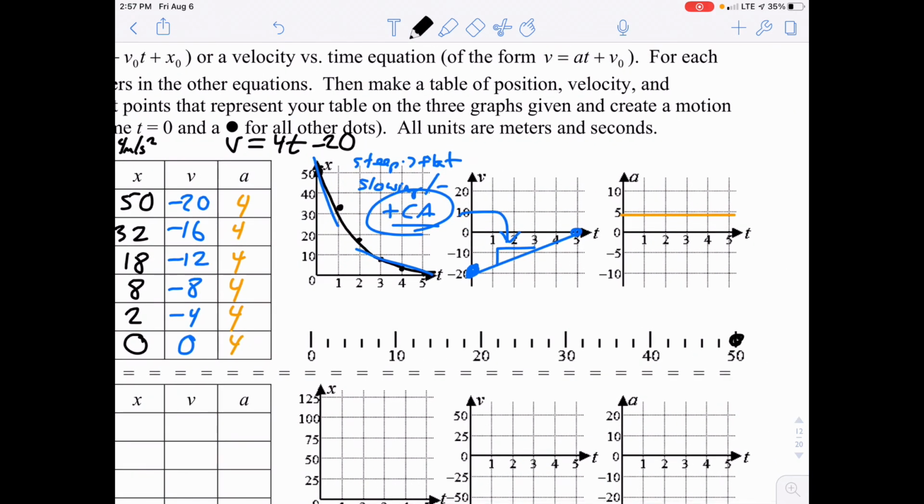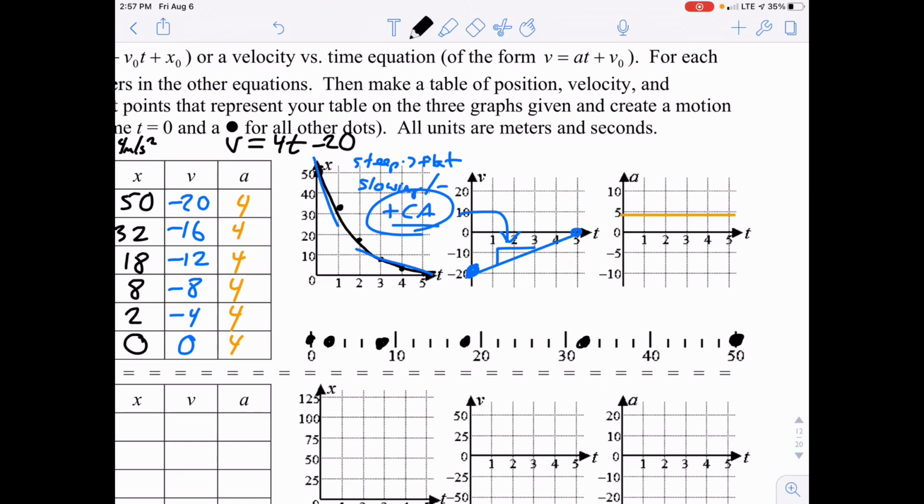I'm going to make a dot at 50. I'm going to make a dot at 32 right here. I'm going to make a dot at 18, which is right here. I'm going to make a dot at 8, which is right here. I'm going to make a dot at 2. Okay, and then finally 0. Okay, so I got that. So 1, 2, 3, 4, 5, and then 6.